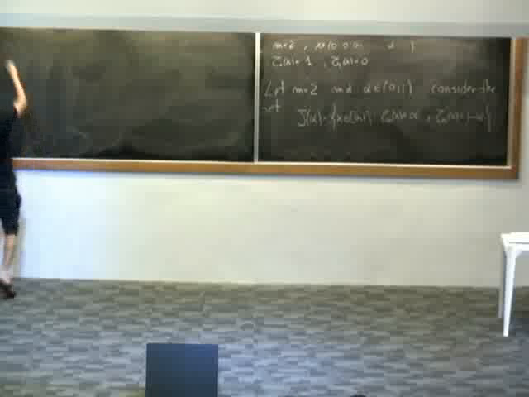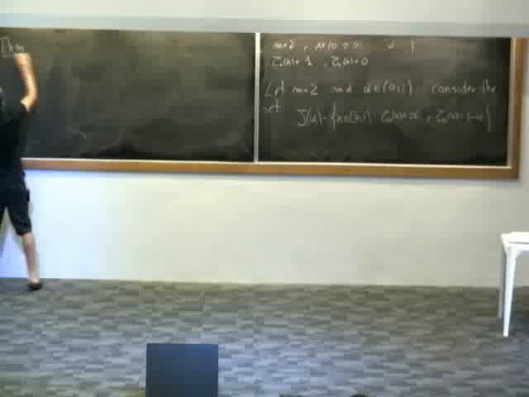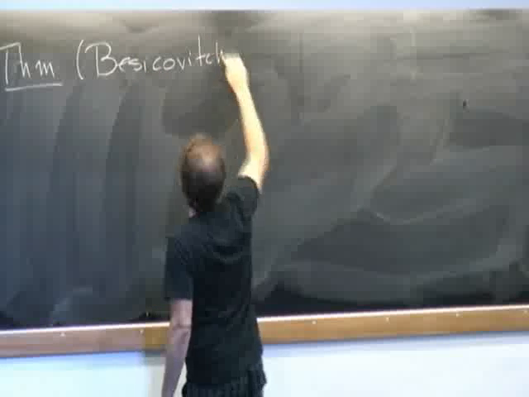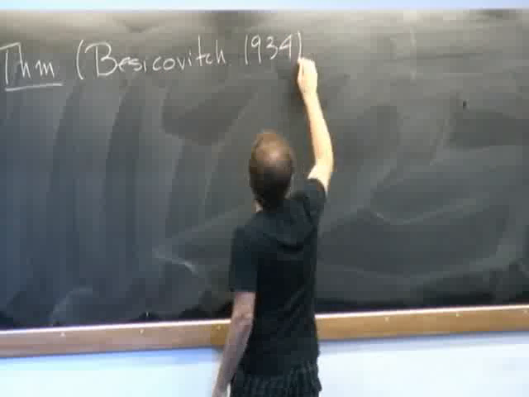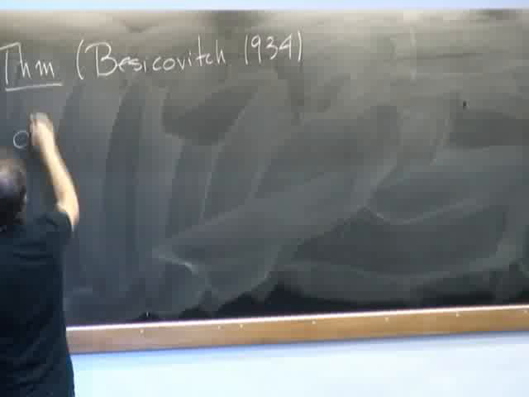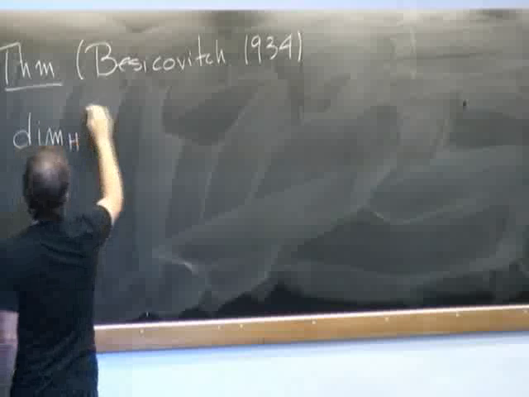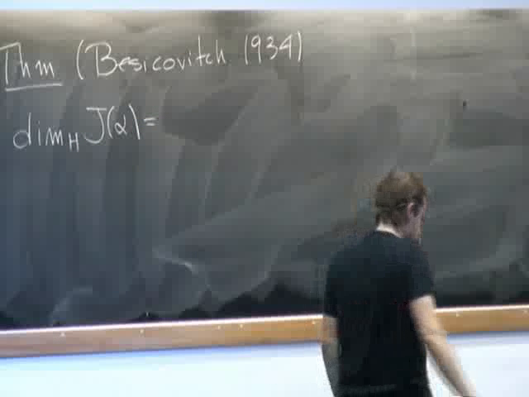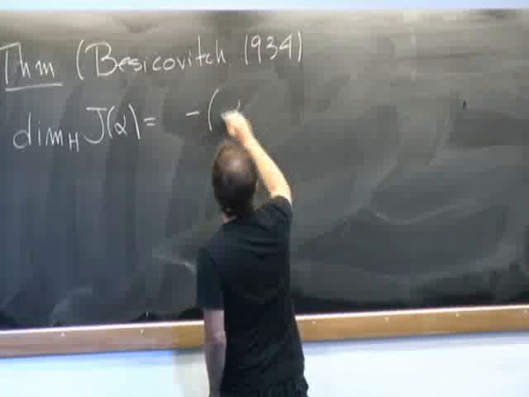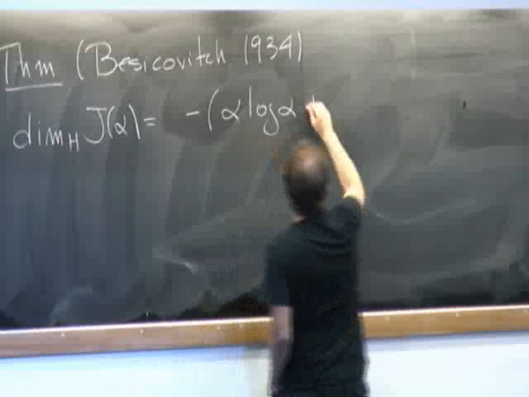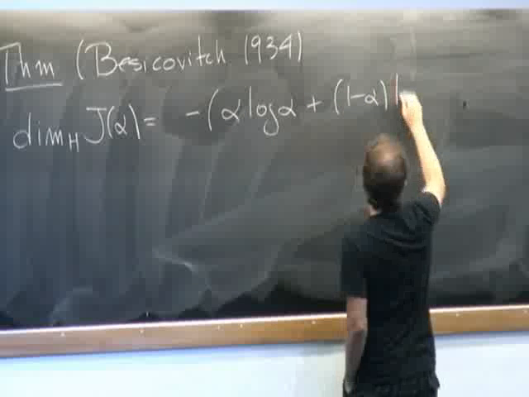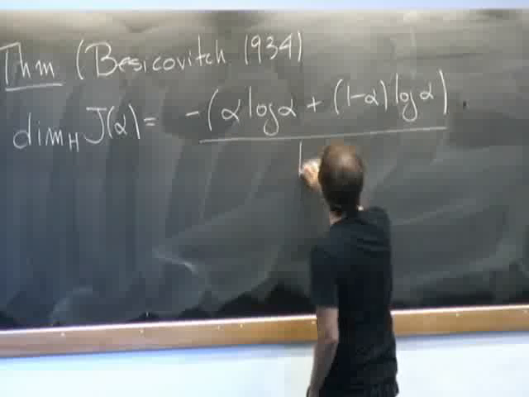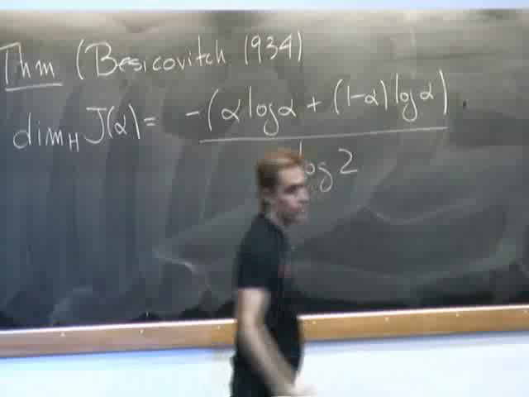And the result is the following: the Hausdorff dimension of the set J_alpha is equal to the entropy expression over log 2.